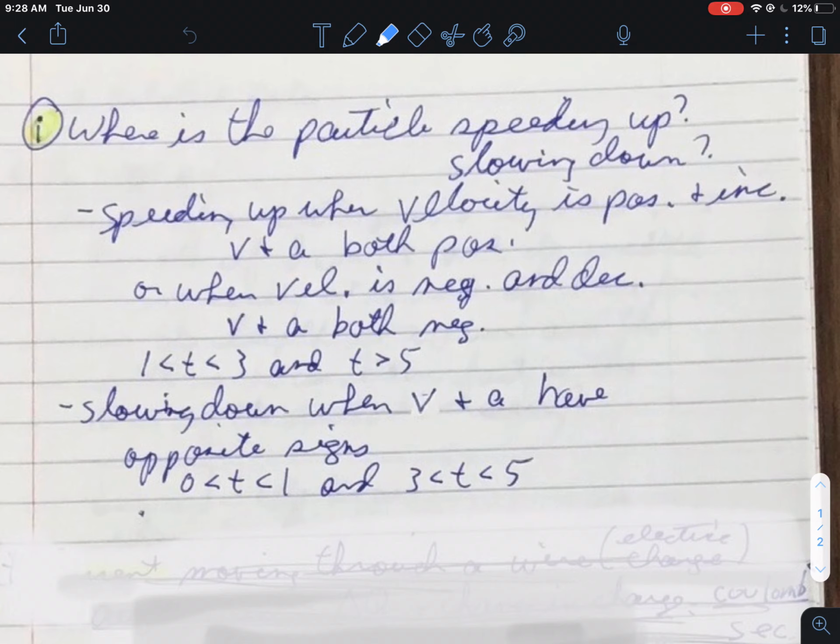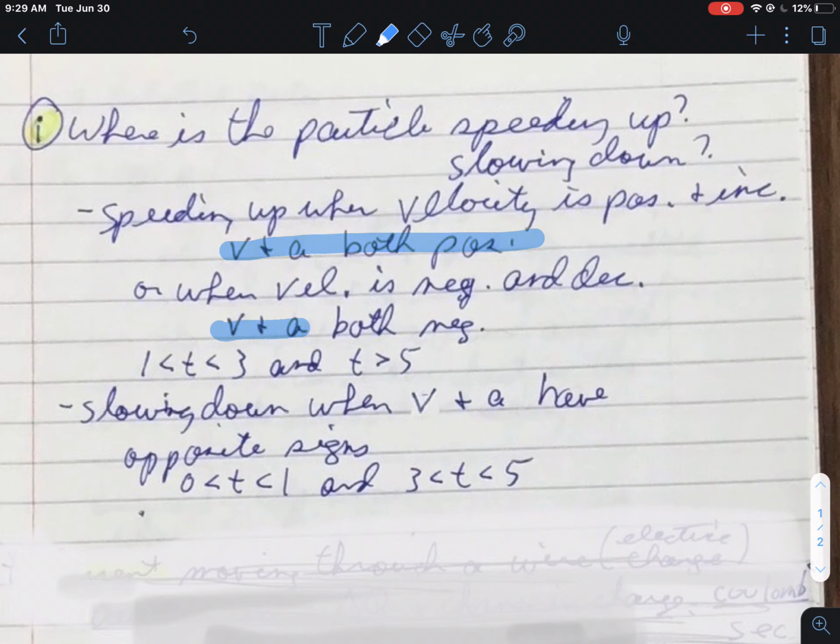So ultimately then, particle speeding up, particle slowing down. It's speeding up when both velocity and acceleration have the same sign. So either when velocity and acceleration are both positive, because we're moving forward, and velocity is increasing, right, because it's positive.